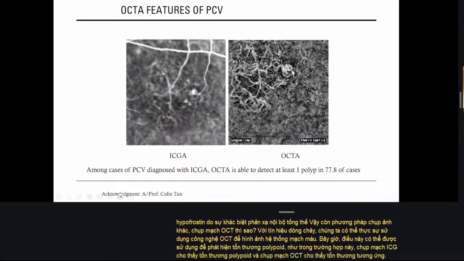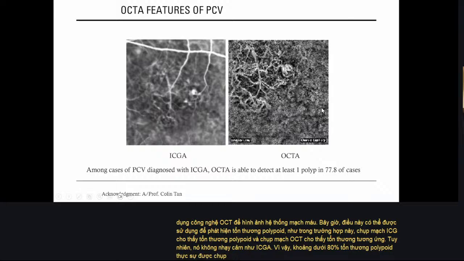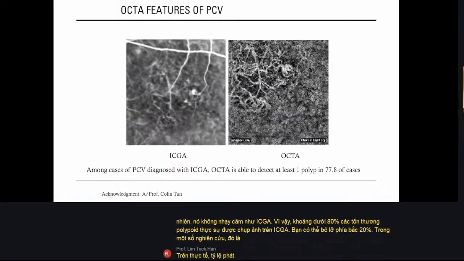However, it is not as sensitive as ICGA. So under 80% of polypoidal lesions are actually imaged on OCTA. You might miss north of 20%. In some studies, the detection rate per polypoidal lesion is as low as 20%.